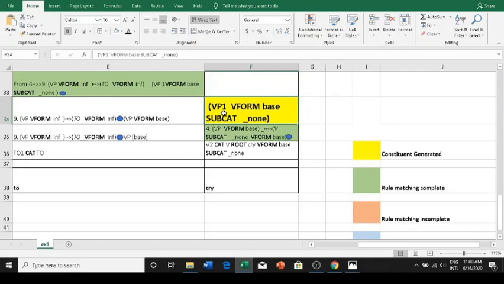So we will name it vp1, and we know that by instantiating the right hand side we got the vform value base, and they actually share this vform value, so that vform value is returned for this constituent also. And again, subcategorization information is also generated, right? So subcategorization is done.